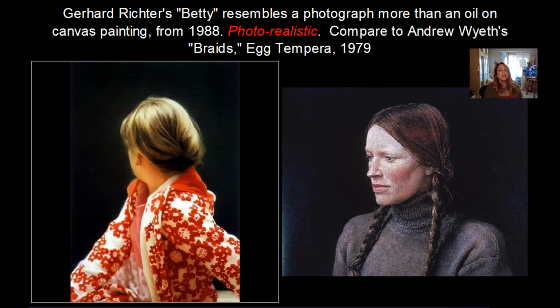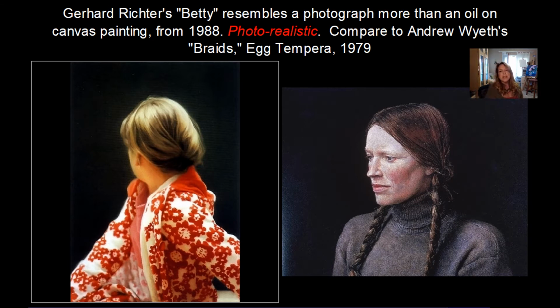So now this is Gerhard Richter's Betty. This is one of his works from 1988. Richter is today much more well known for his abstract works. He does a lot of scraping and moving the paint around. He's a German artist, and there are some great videos online if you're so interested.